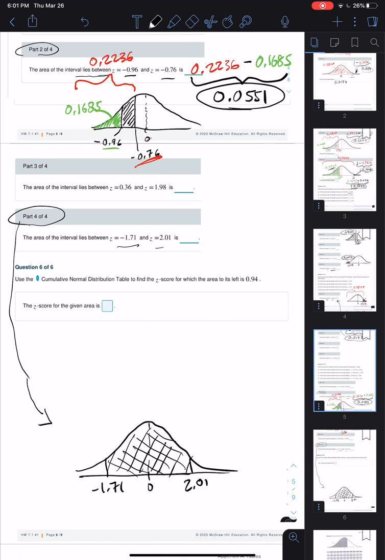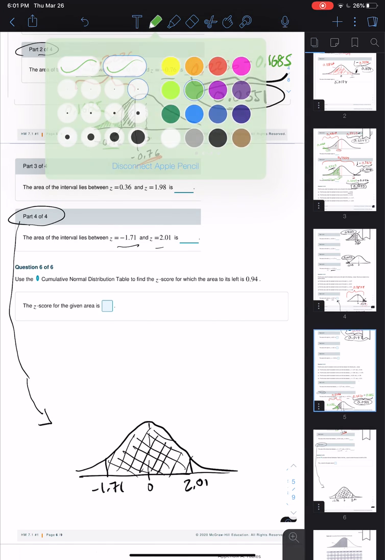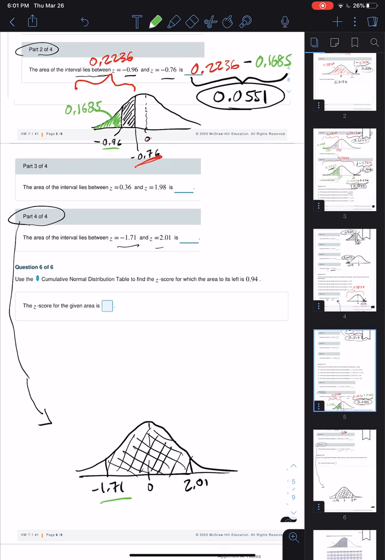Okay, so maybe the easiest way to start off is, let's find the area. Because the z-score always gives us area to the left, we're going to do this one first. Negative 1.71, and I looked that up already, and that gives us 0.0436.